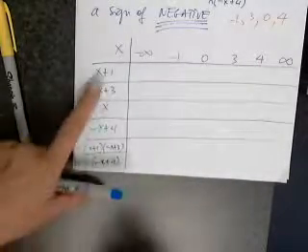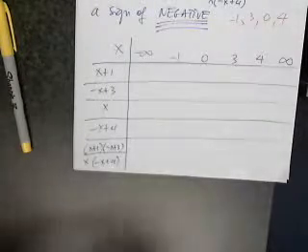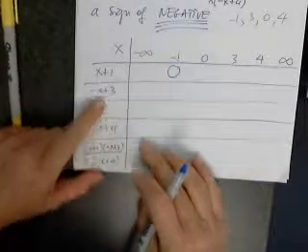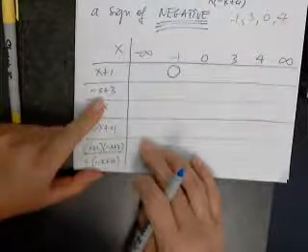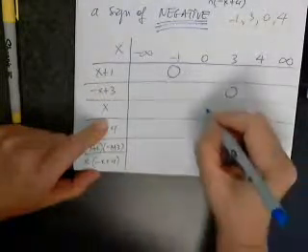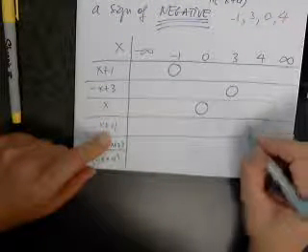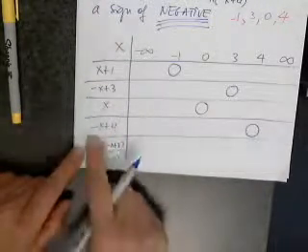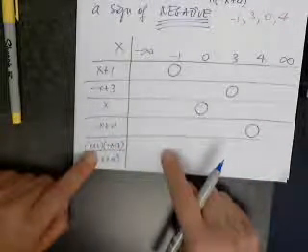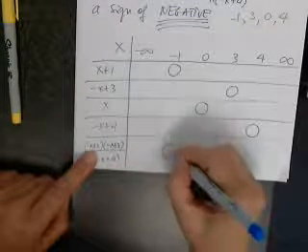Perfect. Now, x plus 1 is 0 under negative 1. I know it's silly. Negative x plus 3 is 0 under 3, x is 0 under 0, and negative x plus 4 is 0 under 4. Now, what happens to the fraction itself under -1? Yes, because the top is 0.